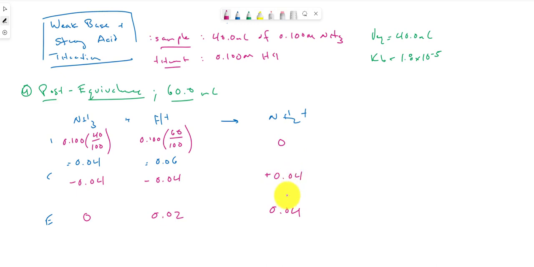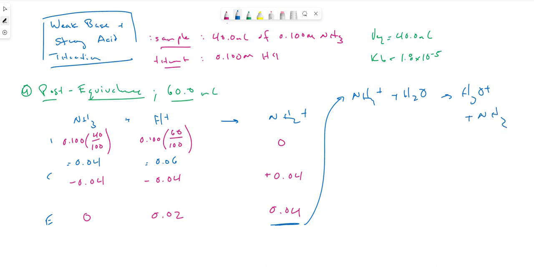So we can take this, and just like we talked about in the previous example, the flip version of the weak acid being titrated with a strong base, this itself could proceed to react, because it's a weak acid, with water, and that could make H3O+ and NH3.